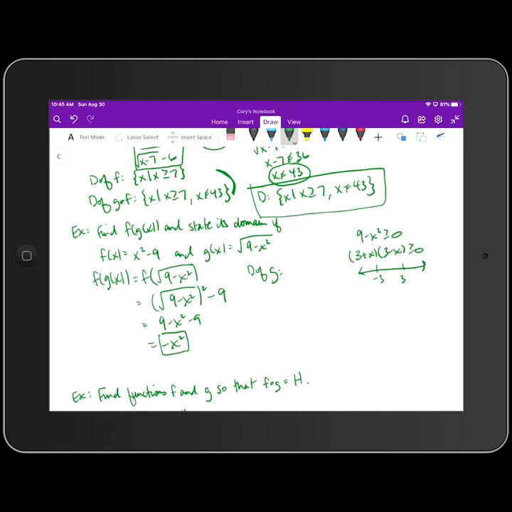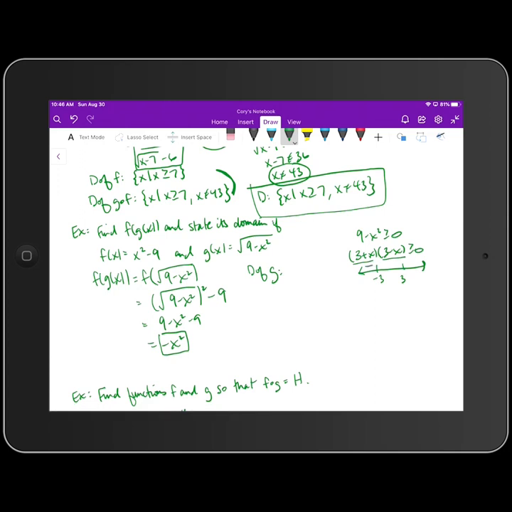And then we're going to test our intervals to see on what intervals we are positive and what intervals we are negative. Okay, so if I pick a number smaller than negative 3, let's say I pick negative 4, when I plug into these two factors, 3 plus negative 4 makes the first factor negative. 3 minus negative 4 makes the next factor positive. A negative times a positive is negative.